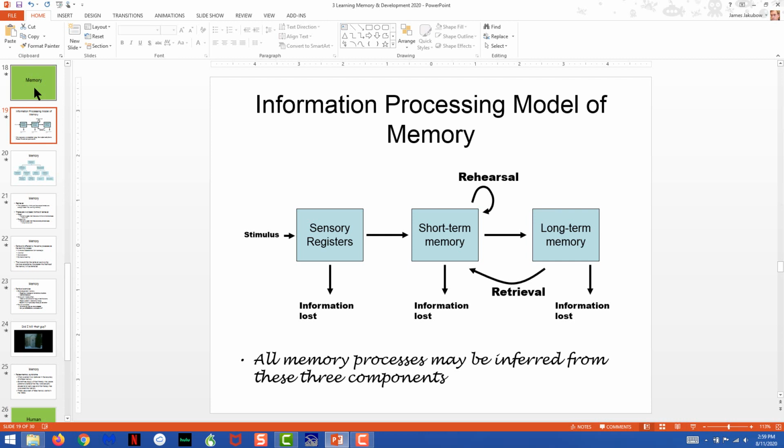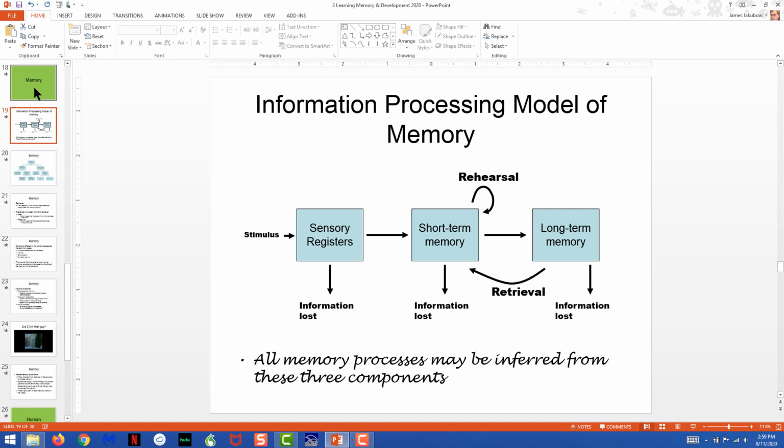The longer something is in long-term memory, the higher the probability that it'll be retained over a longer period of time. So things can make it into long-term memory, but they might decay and be lost fairly rapidly. For the material that is in long-term memory, you can retrieve it through processes we're not going to talk about and bring it back into short-term memory.